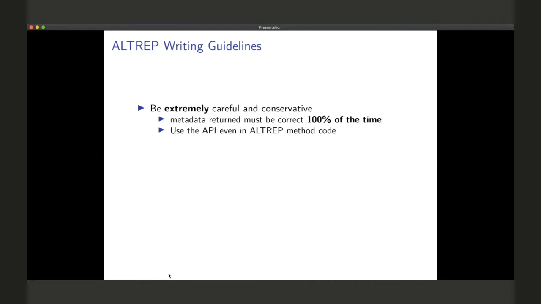You should use the API even in the code where you're implementing your ALTREP methods. That should still only hit the API. Many methods which return SEXPs can return null to decline to do something. There are a couple of exceptions.